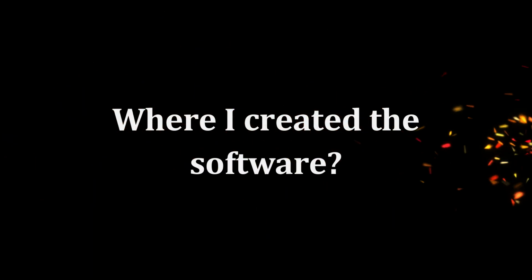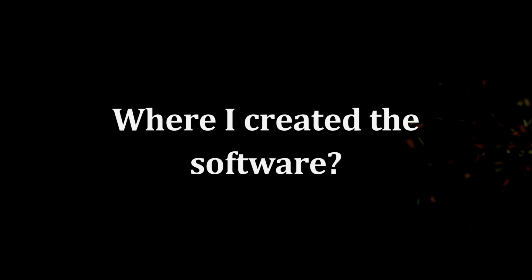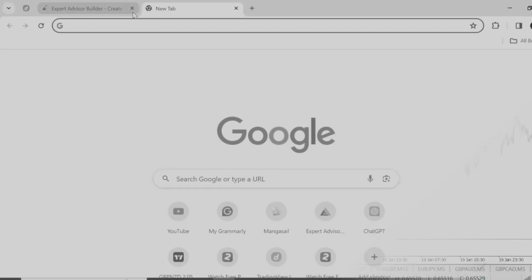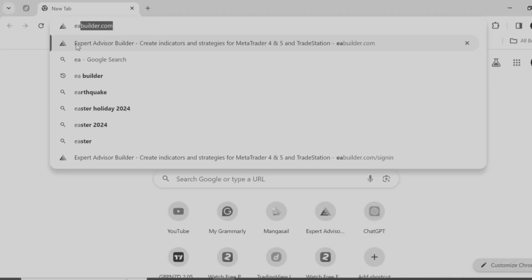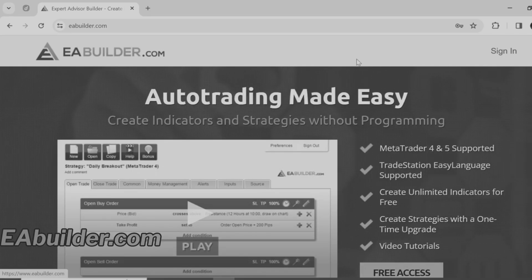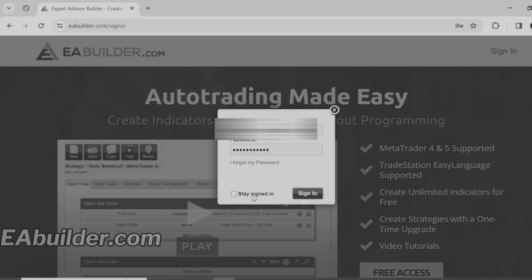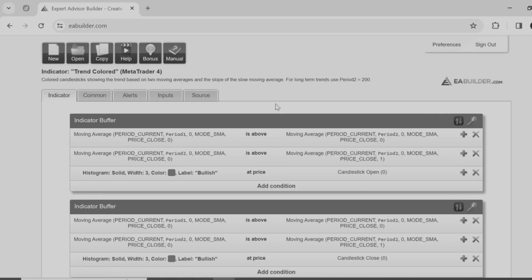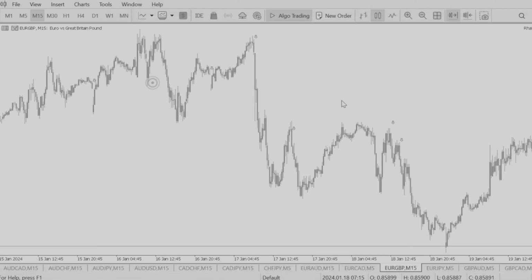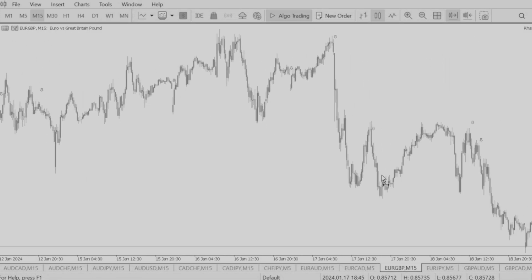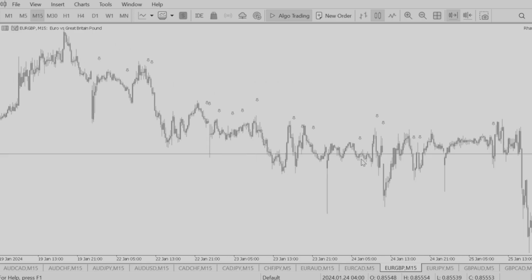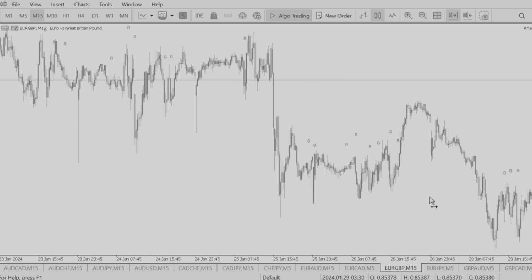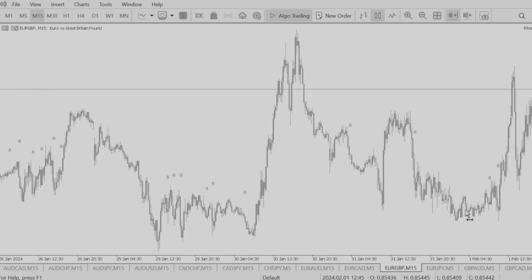I use the website eabuilder.com to create the software. If you are looking to create your personal custom indicator or a robot, then you should definitely check out eabuilder.com. The website is very user friendly, and the user interface makes creating software or a robot very simple and very fast.